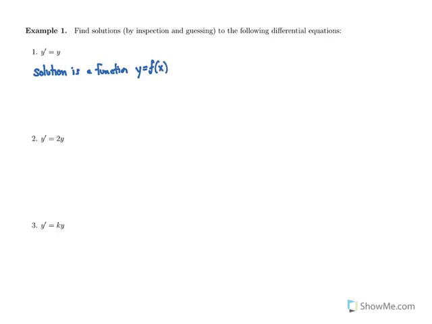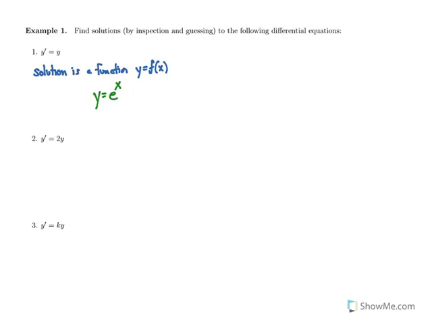We're looking for some function of x that satisfies the property that when you take the derivative of that function, you get the original function back, y prime equals y. And we saw in last week's material that the solution e to the x works, as the derivative of e to the x is e to the x.